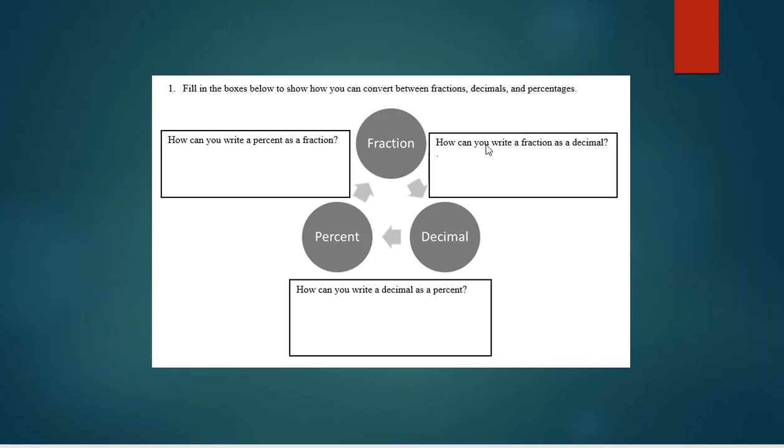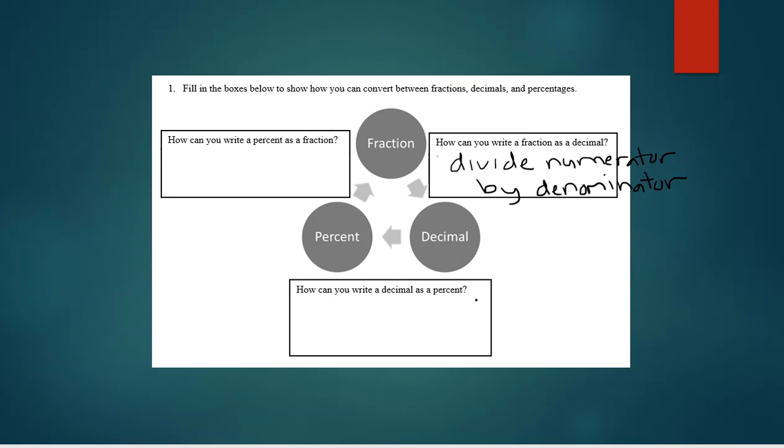Okay, so when you are writing a fraction as a decimal, you take the fraction and you divide the numerator, which is the top of the fraction, by the denominator. Okay, so to change a fraction into a decimal, you're going to divide the numerator by the denominator.